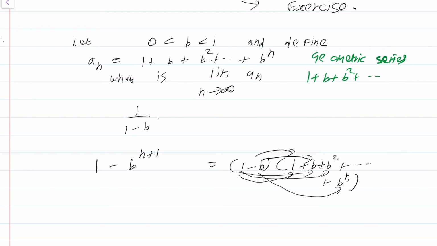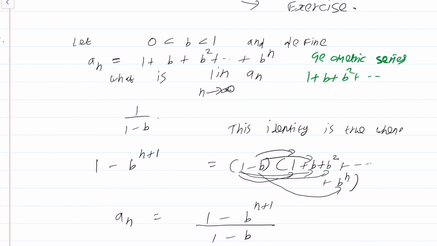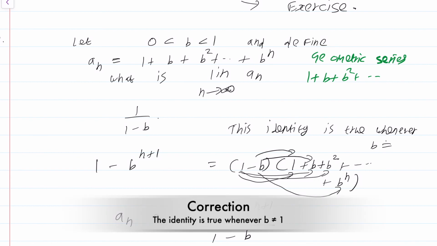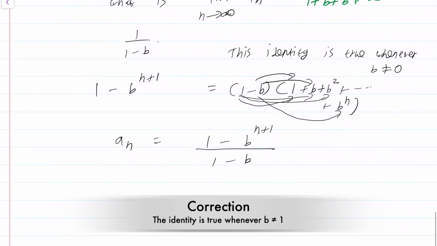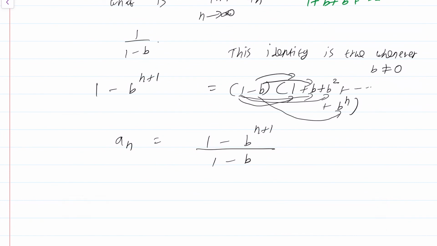So what we are interested in, a_n, is nothing but (1 - b^(n+1))/(1 - b). Now if you observe this algebraic identity, it is true whenever b is not 0. So we have got a_n = (1 - b^(n+1))/(1 - b).